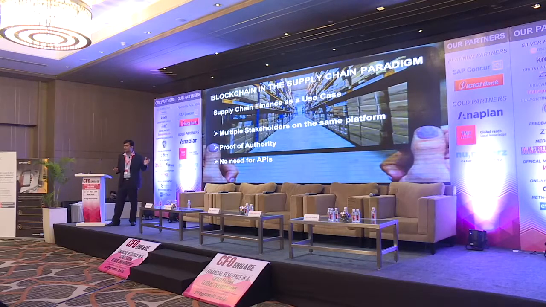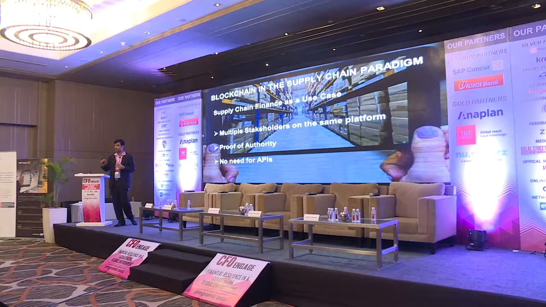So the way it is different from your normal APIs from the banks is that they still need to check back with the corporate or with the financial institution that everything is in place and we are going ahead. But in case of a blockchain, the moment a vendor raises the invoice and submits all the information required related to it, and the corporate approves it, it becomes a self-sustaining blockchain, which a financial institution can look at and fund independently.